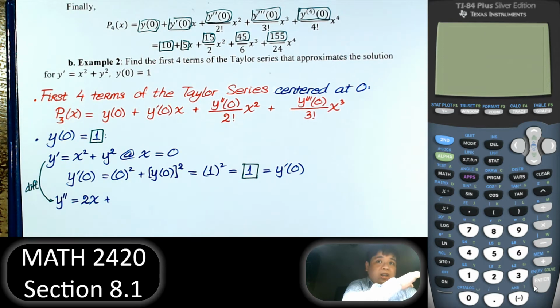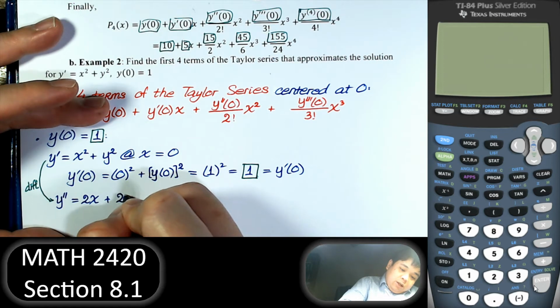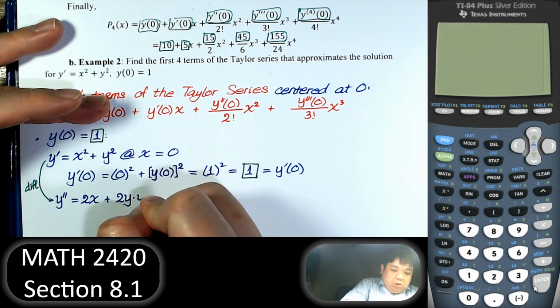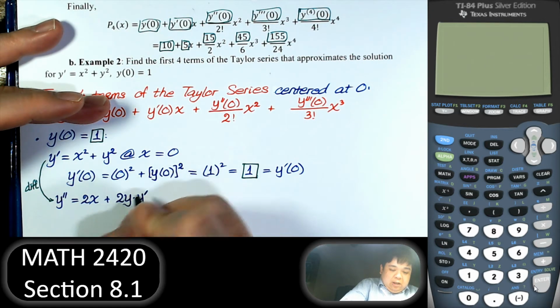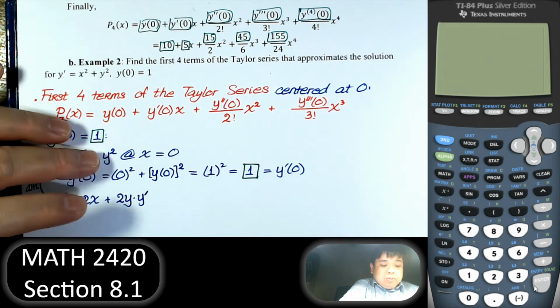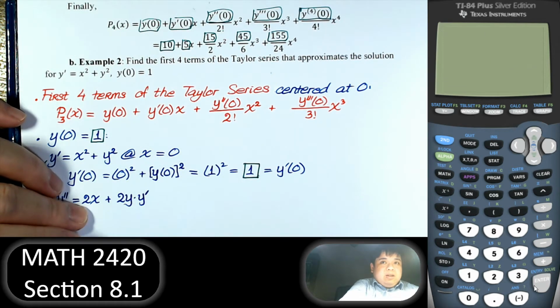Notice that since y is a function of x, not only do we have 2y, we have to have y prime as well, because y is a function of x. So this is implicit differentiation. If it is x, then we don't have anything, because that's just x.